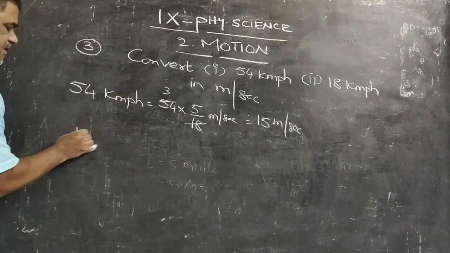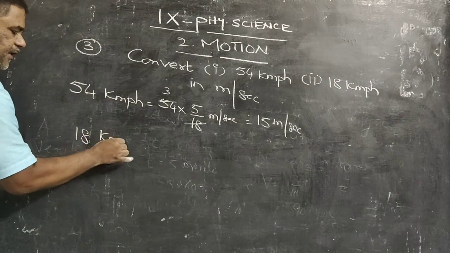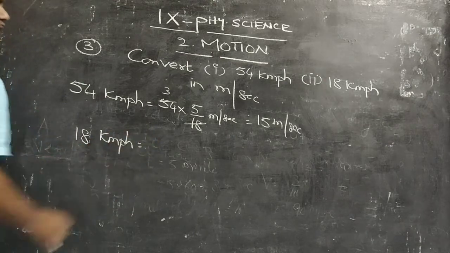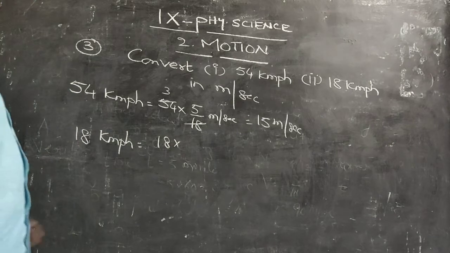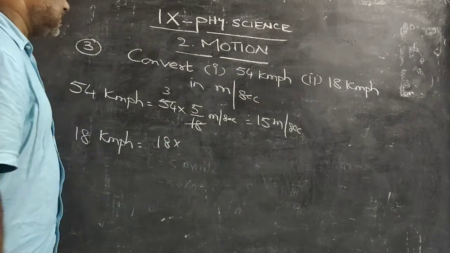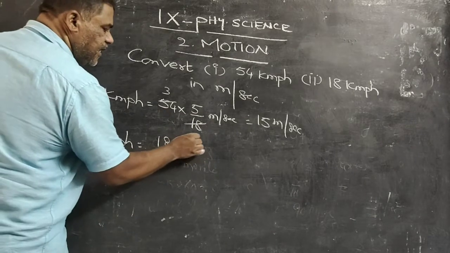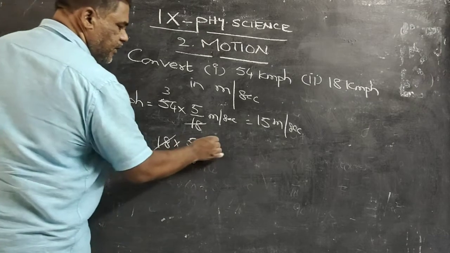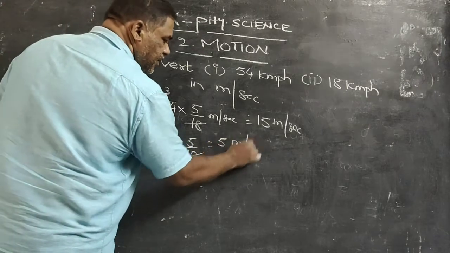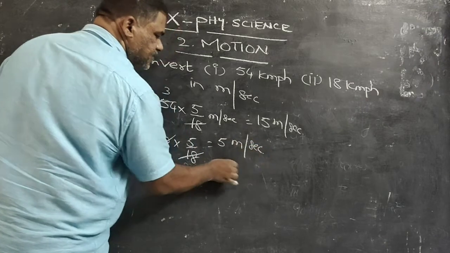Next, second one is 18 kilometer per hour. Kilometer per hour can be converted into meter per second by multiplying the given speed with 5 by 18. So 18 you can cancel. It is 5 meters per second.